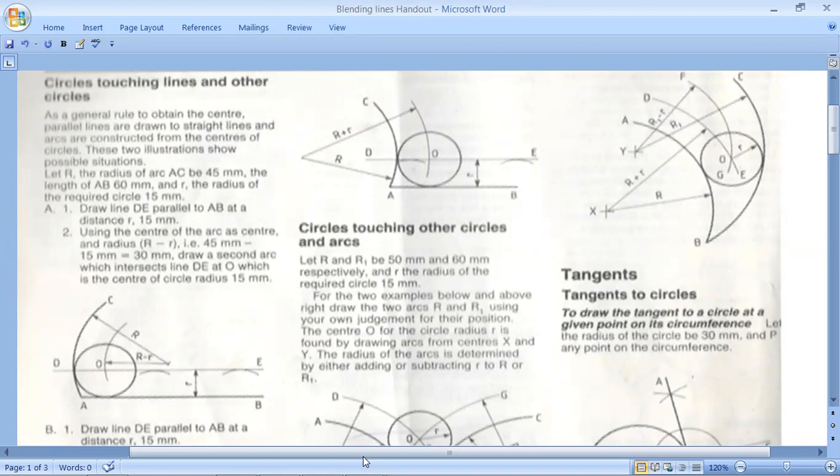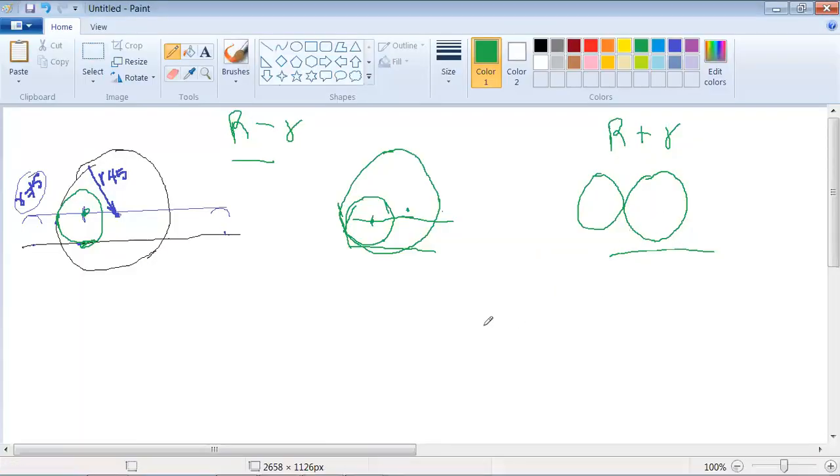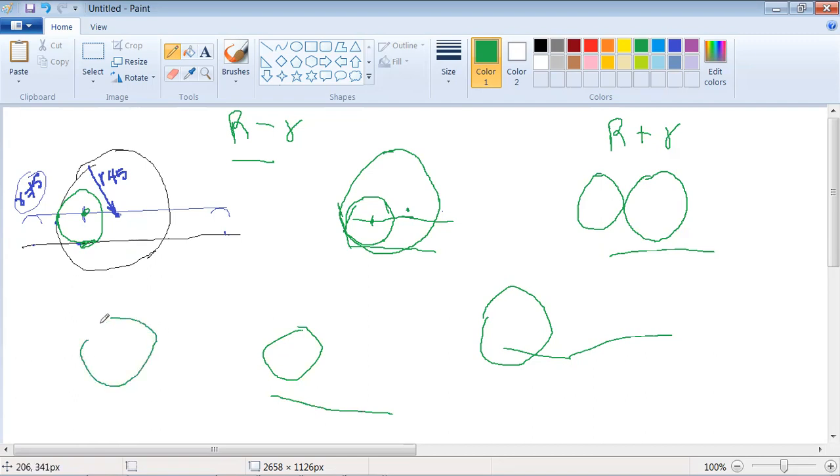There are three different conditions for this. Probably the line will pass through the circle, or the line is below the circle, or the line is tangent, touching the circle.